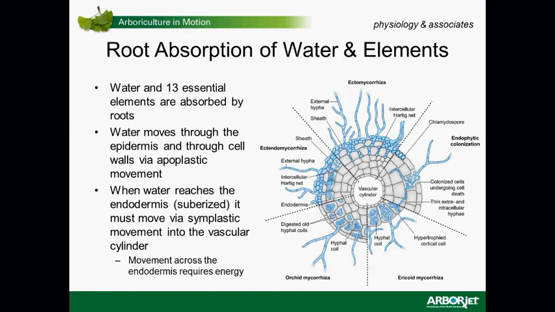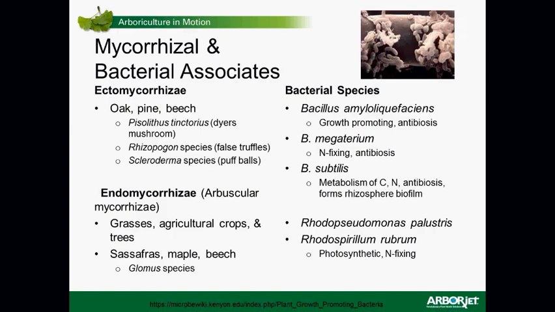What's interesting is that when there are mycorrhizal infections, whether endo or ectomycorrhizal, those occur in the epidermal layer and do not cross the vascular cylinder. So they're kind of external, even though they're occupying the tissues and the cells of the root. It's in the epidermis, and generally does not cross the endodermis.